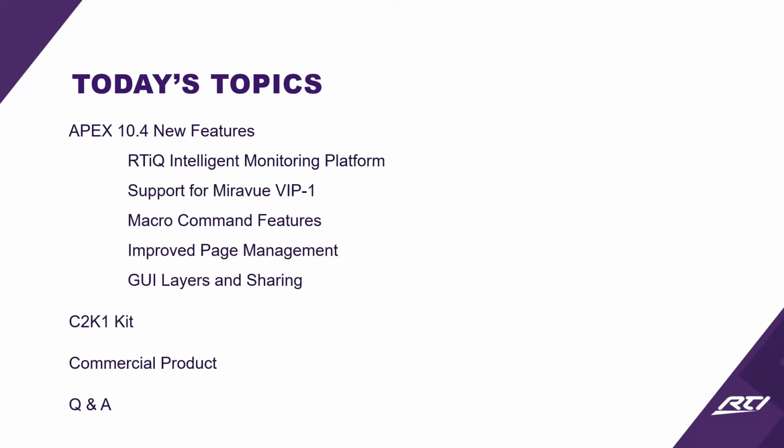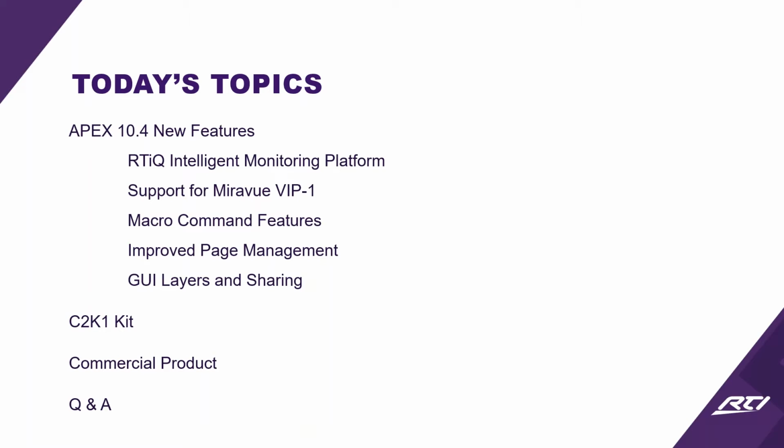We have a different way of looking at pages and seeing your entire programming structure. And last but not least, layers and sharing. This is a very integral part of 10.4. It makes your programming so much easier. You can now have layers in your programming that allow you to put different sections, and you can share different buttons across different sources, and I'll expound on that later as well.